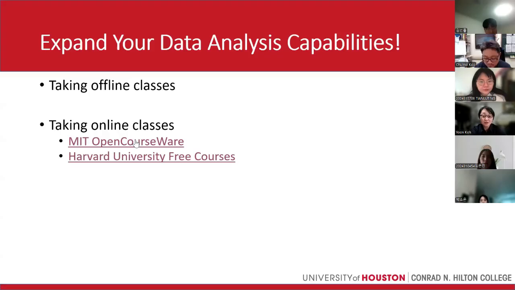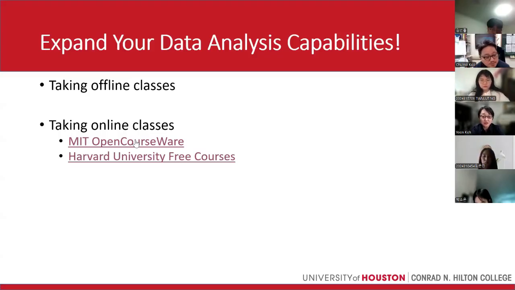And not only that, you're exposing yourself to top universities' content, right? It is readily available. Some are undergraduate level, some are graduate level classes, and you can take those classes and increase your understanding of the topic.